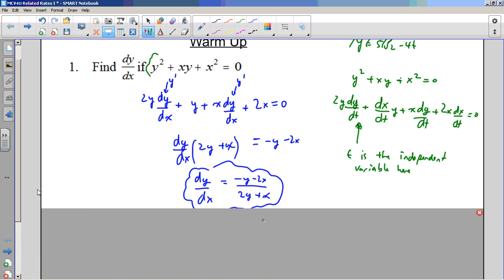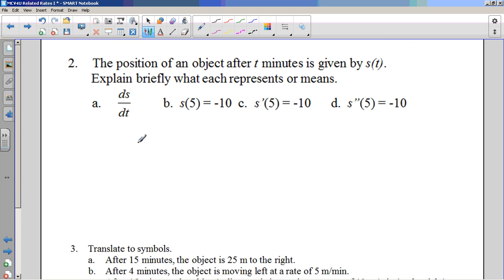All right, dandy. Okay, there's more warm-up questions. The position of an object after t minutes is given by s of t. Explain briefly what each represents or means. So ds by dt, well, it's the first derivative.